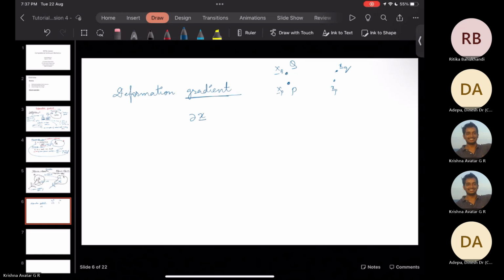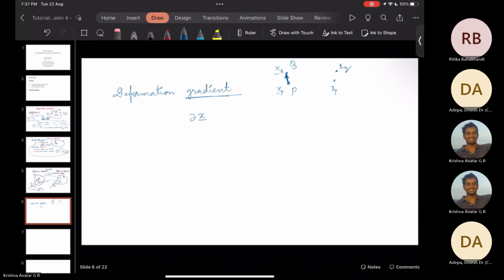Let's define a vector using both these points, pointing from P to Q. This defines some sort of line element.